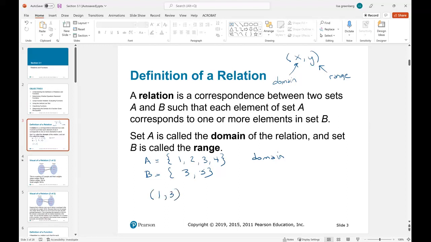That's an ordered pair. I took the first number from the domain, which is X, and I took the second number from the range, which is Y. So this relation has a 1, 3. So it is a relation because we are relating two different sets, and we're putting them together for what they correspond to. I think that may work.